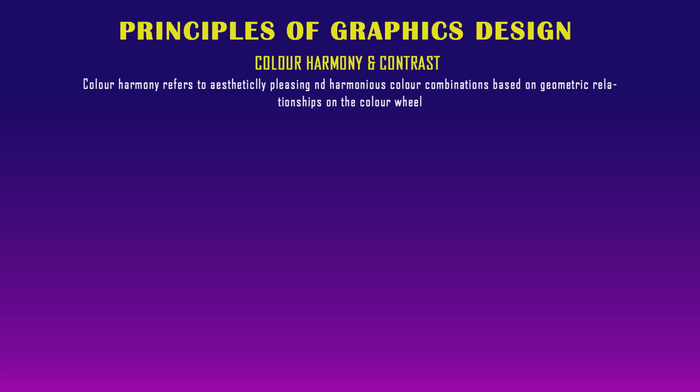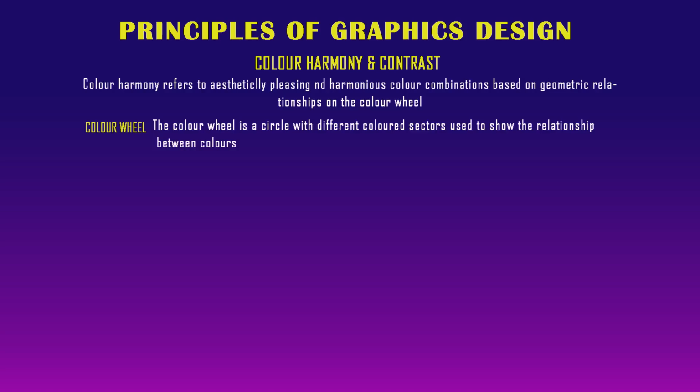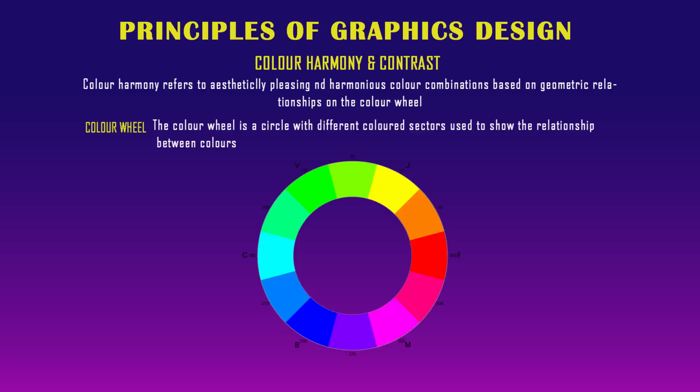From this definition, we need to understand what the color wheel is. The color wheel is a circle with different colors or colored sectors used to show the relationship between colors. We will be focusing on the red, green and blue color wheel since it is designed for online use.